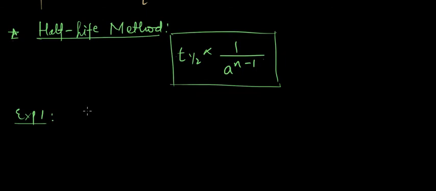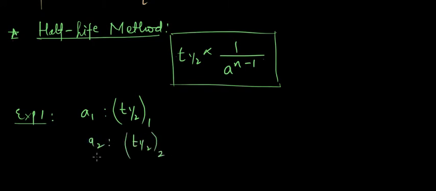In experiment 1, we get the initial concentration as A1, and we call the half-life T half 1. In experiment 2, we have A2 as the initial concentration and its half-life is T half 2. The subscripts are just for differentiating the two experiments in which we take different initial concentrations of the reactants.